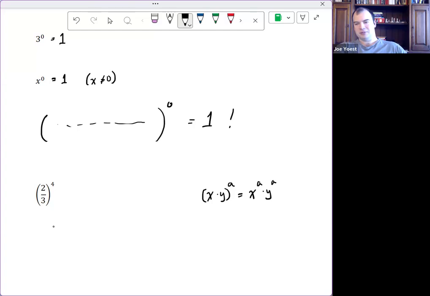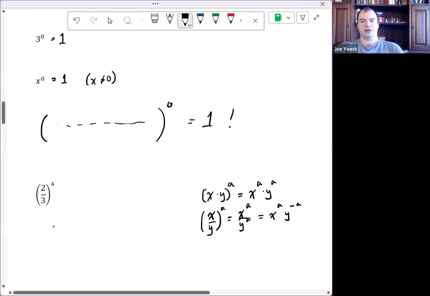And I really have the same thing over division, right? 1/3 is just kind of like 3 to the minus 1 power. So x over y to the a is x to the a over y to the a, or we could think of it as x to the a, y to the negative a.